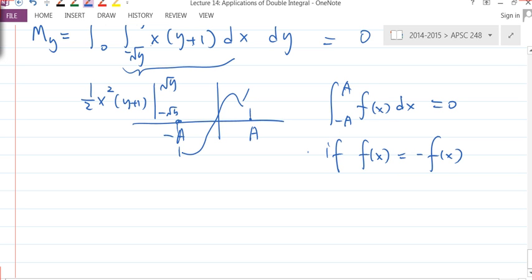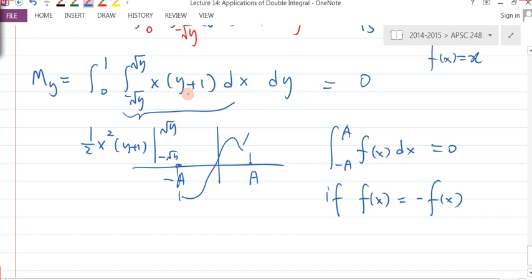This is why you can use symmetry to simplify your integral. But my caution is, don't rely on this if you're not too sure. You want to calculate it, because maybe it's not 0 and you're wrong.